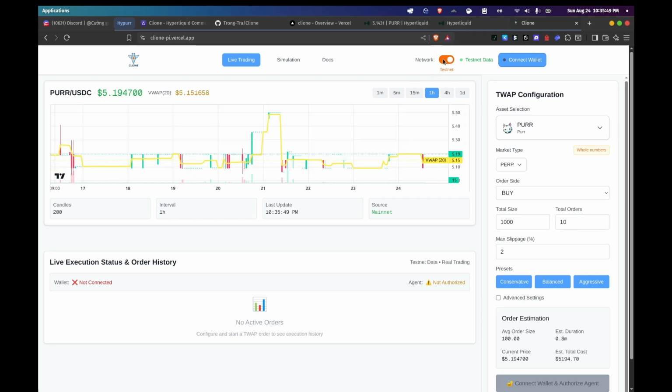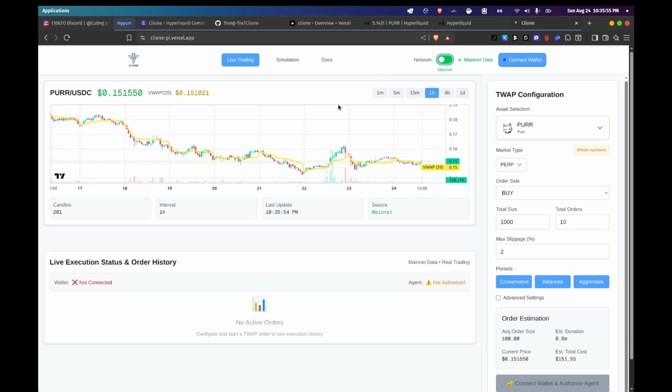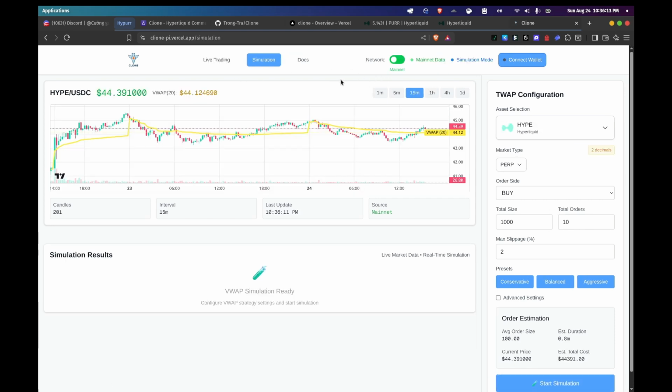So obviously we have support for mainnet. Also, TWAP orders usually come in very large sizes, and not many people can gather enough testnet tokens to perform the order at all. So that's why I provide a mainnet simulation to see the entire VWAP, the entire TWAP, the advanced TWAP order execution, to see their performance.